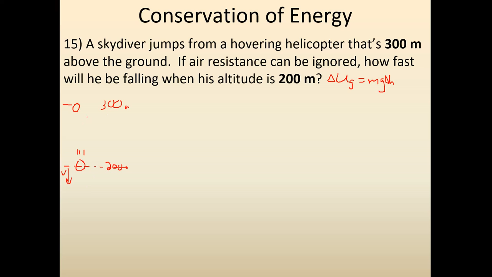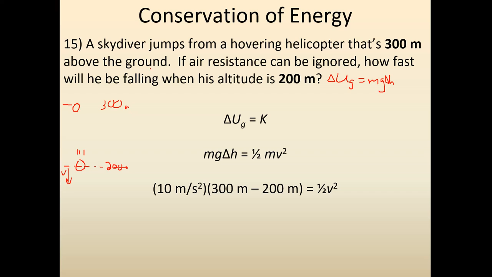So when I do my equation and I do the change in potential equals kinetic, I'm going to take the difference in these heights, because this is now 0, and since this is 100 meters above it, the height that I'm going to use is actually 100 meters. When I plug that in, I end up getting 31.6 meters per second.